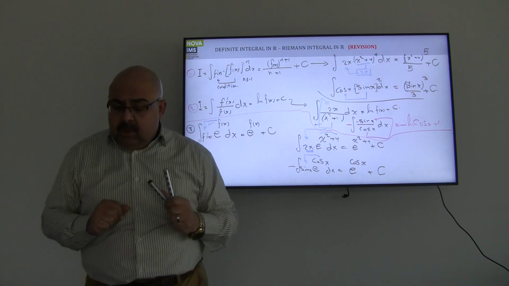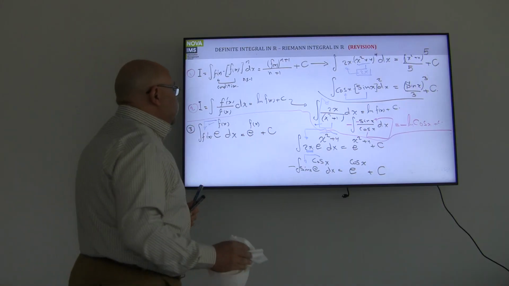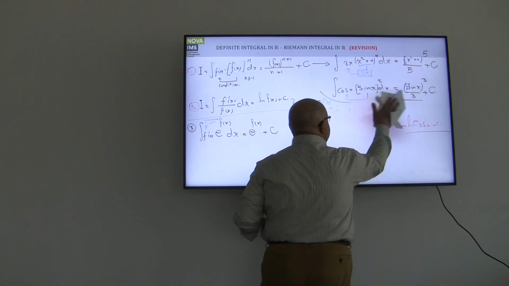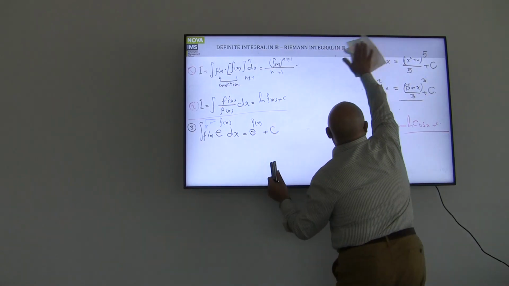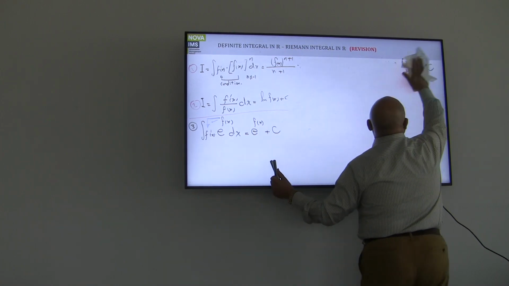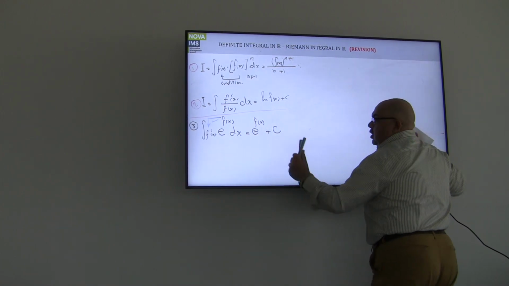There is also another law which is famous and usually used, which is how to integrate trigonometric functions, especially with a condition like this one.